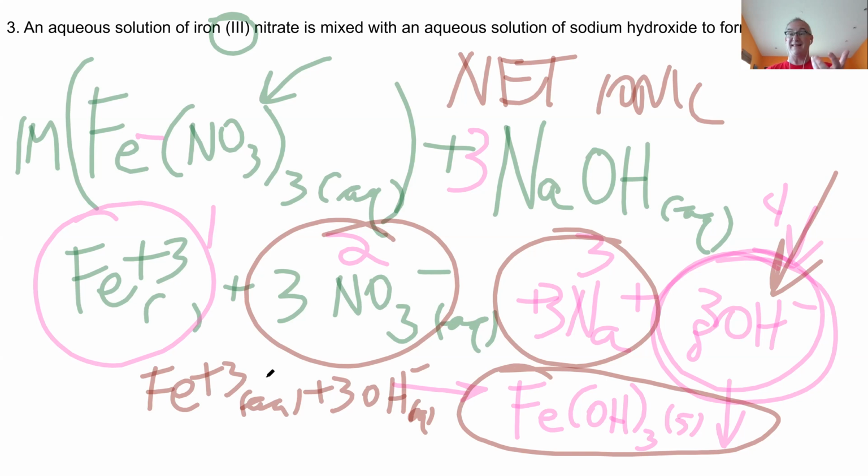But at the end of the day, we still have nitrate ions sitting around and we still have sodium ions sitting around. They're not doing anything. So we could say that now we have sodium nitrate, but we had that before, because they were there at the beginning and they're there at the end. So we actually formed sodium nitrate where we just poured the two of them together, but there was no reaction.